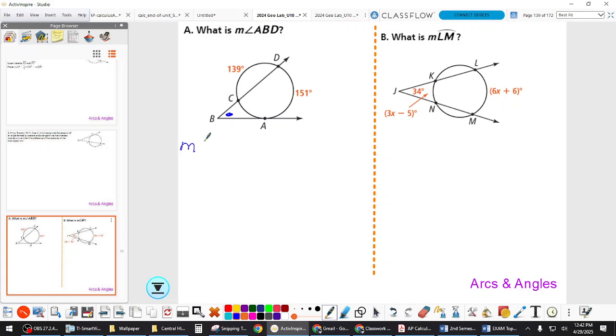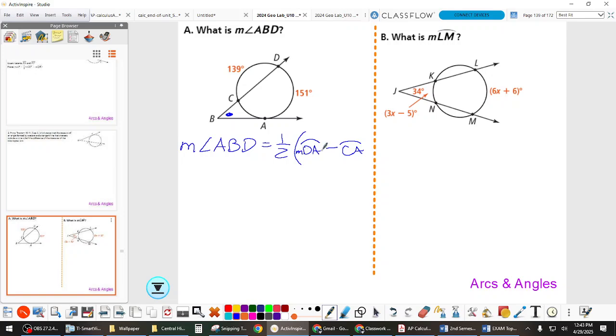Well, we know the measure of angle ABD is half of what? Let's be specific to the labels in this problem. Half of arc DA minus arc CA.